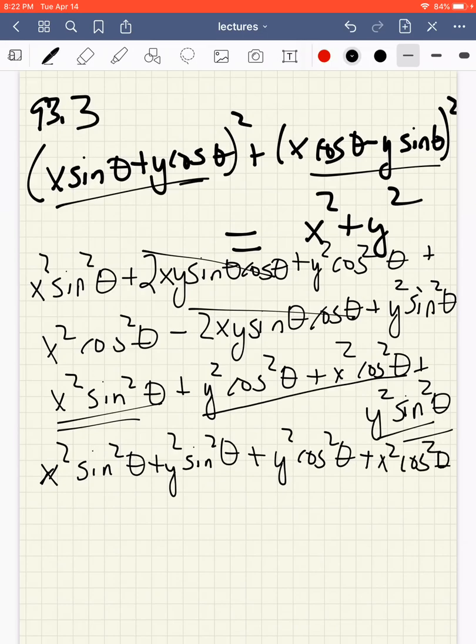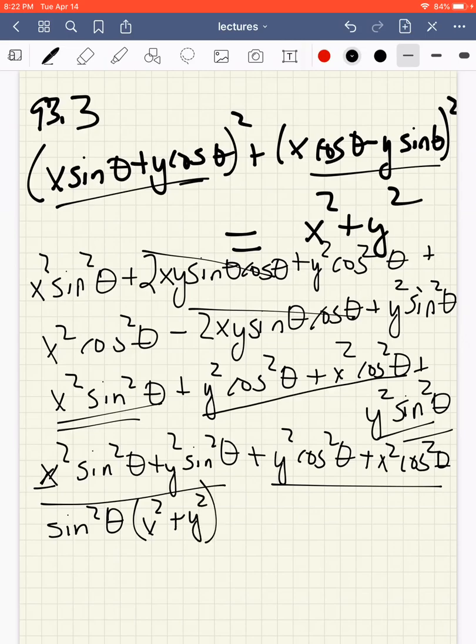So now we have these two grouped and these two grouped. And out of here, I can factor out a sine squared theta, and what's left is x squared plus y squared. And over here, I can factor out a cosine squared theta, and what's left is y squared plus x squared, which is the same as x squared plus y squared.